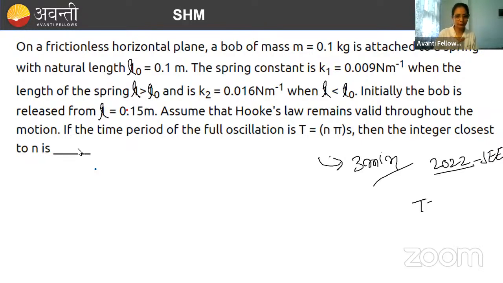What is the formula for time period? 2 pi root under m by k, right? Okay, I am giving 1 more minute, because already I have given you some 4 minutes, no, 5 minutes.